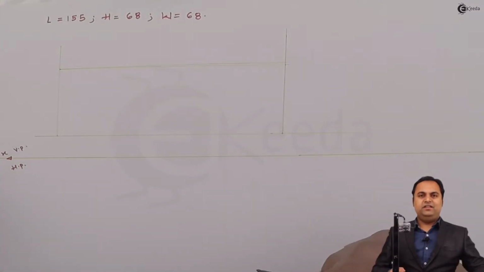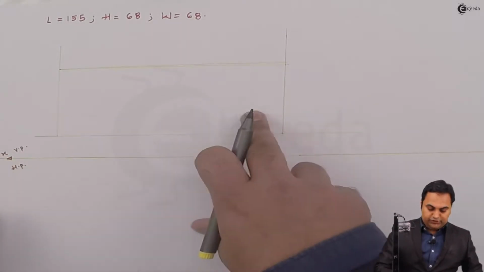So this is the rectangle inside which I'm going to draw the front view.